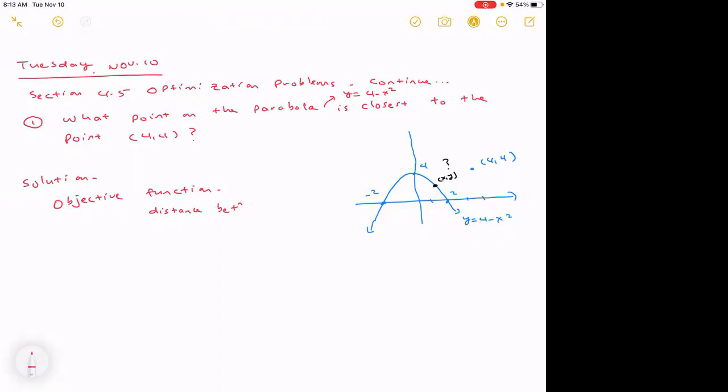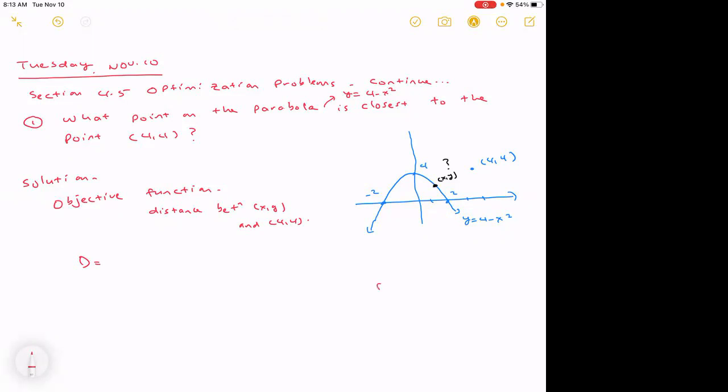Okay, good. So the distance between the points xy and 4,4. Let's call that distance d. You use the distance formula.